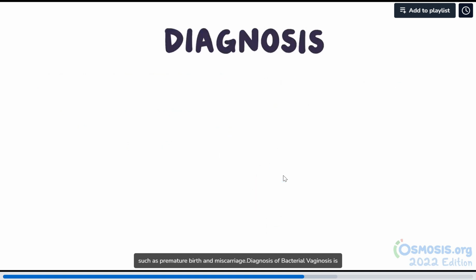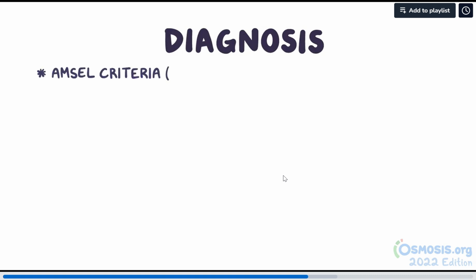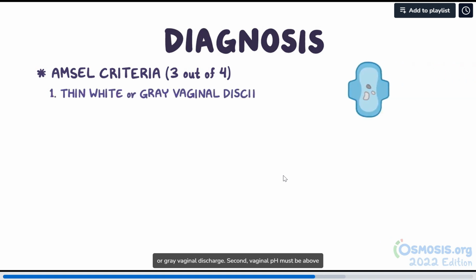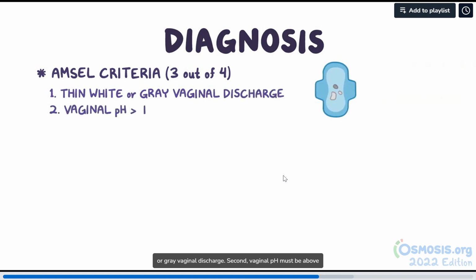Diagnosis of bacterial vaginosis is most commonly done with AMSL criteria, and 3 out of the following 4 must be met for the diagnosis. First, there must be a thin white or gray vaginal discharge. Second, vaginal pH must be above 4.5. Third, there's a positive whiff amine test.